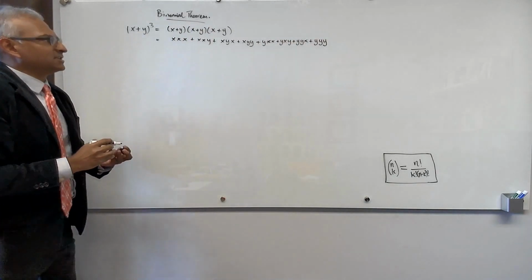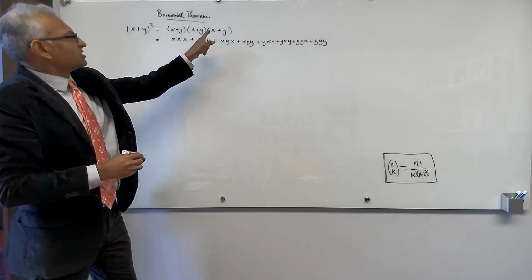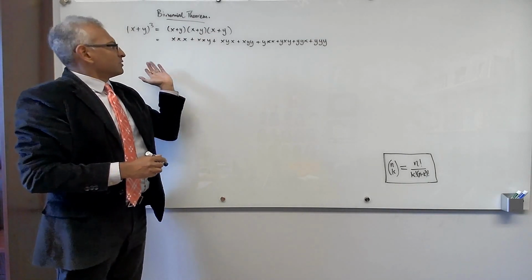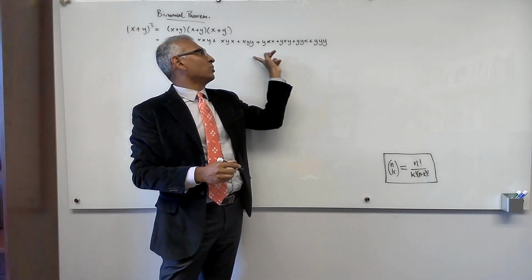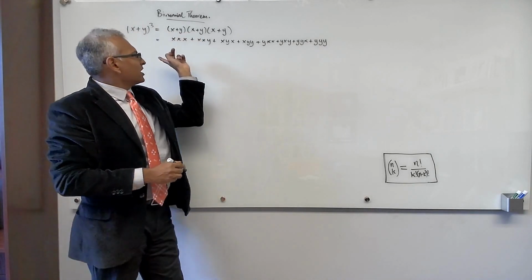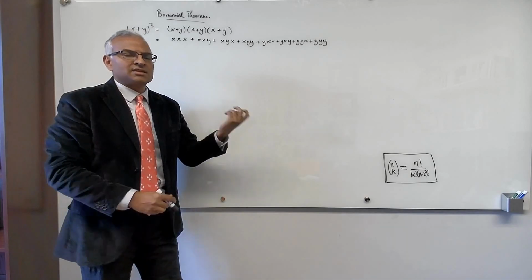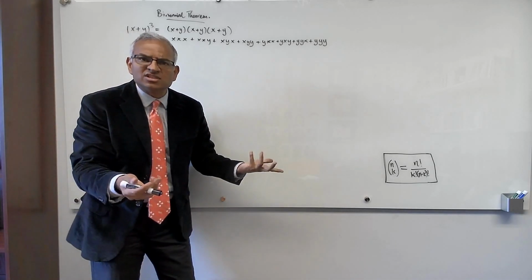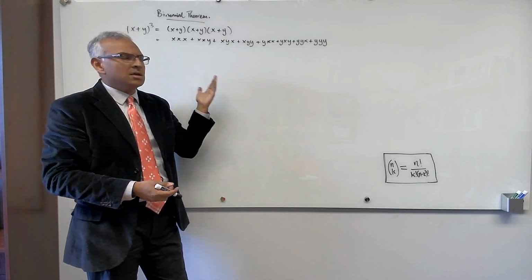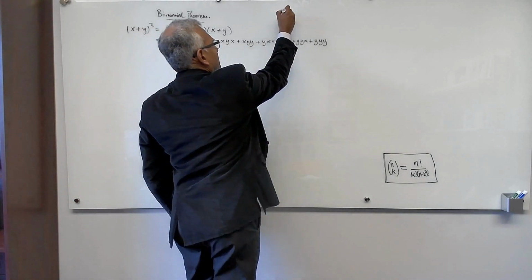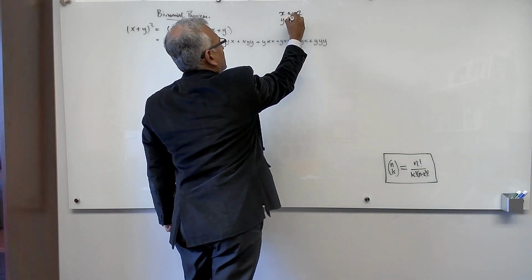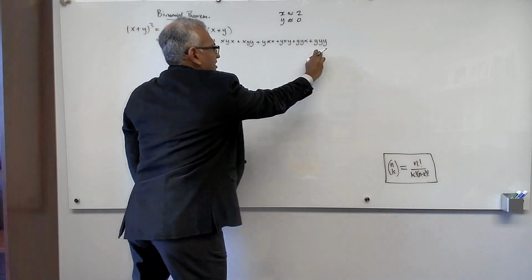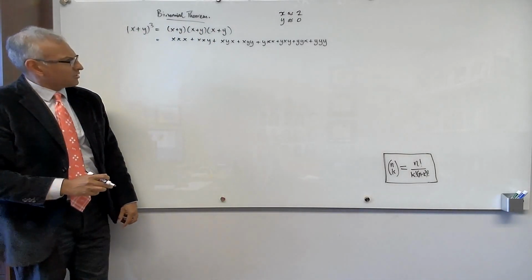Those are all my 8 terms corresponding to the sequences that can be produced. I've produced all the 8 sequences of length 3 that contain x's and y's, and those are essentially binary sequences. You can think of x as a 1 and y as a 0. So these are basically the 8 binary sequences of length 3.